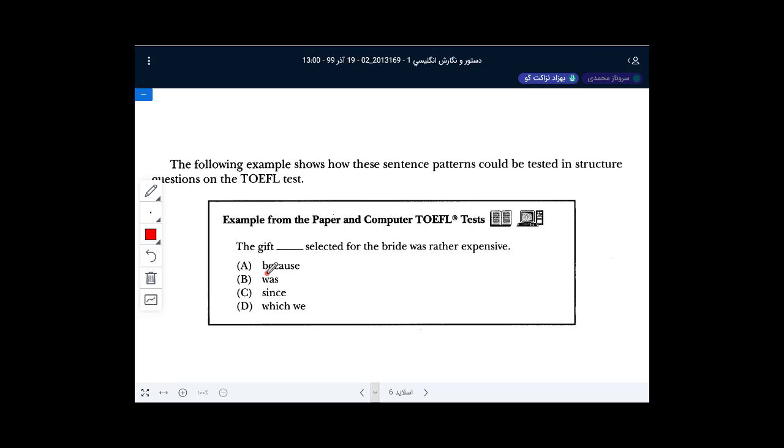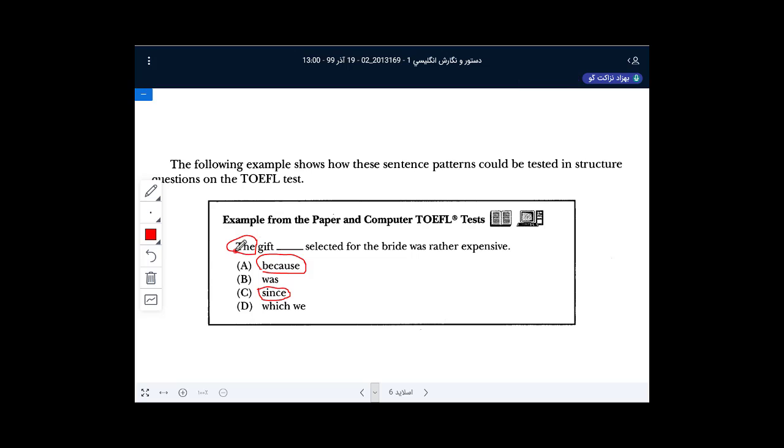Well, you remember from our previous sessions, we talked about adverbial connectors. Since they're adverbial connectors, am I right? Yes. Adverbial connectors either initiate the sentence or they come in the middle of the sentence. When they initiate the sentence, here we don't see they initiate the sentence because the first word is the article.